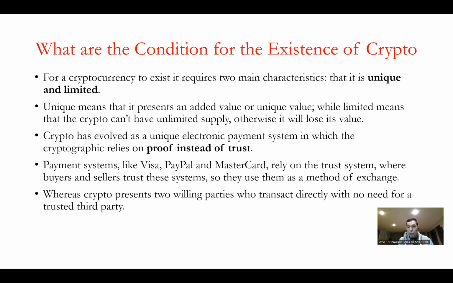valuable. So the key difference between crypto and Visa, PayPal or MasterCard is proof instead of trust. When you go to King Super or Whole Foods or Costco, for example, I just came from Costco, I finish my basket and I put in my credit card, and then I have to wait a few seconds, and then the system says approved, and I get a receipt and I leave Costco.